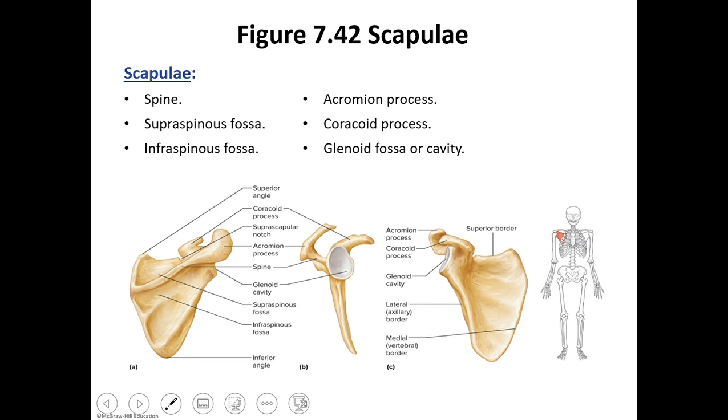If you wiggle your shoulder a little bit, you can feel the coracoid process poking out. And then you have the acromion process of the scapula, and that articulates with the clavicle.